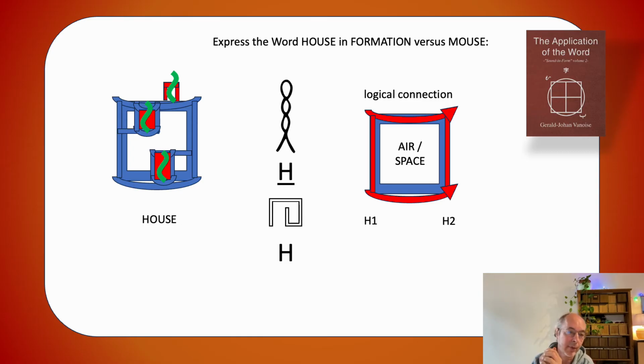The other letter there reminds you of a building. It is an abstract spiral as well, but it is a reference indeed to a building, a house, as you can imagine.